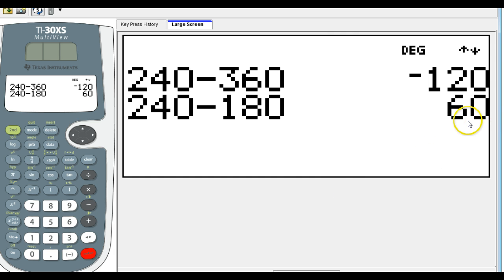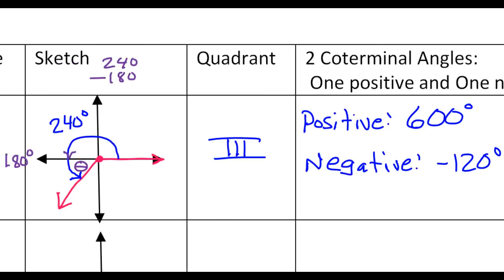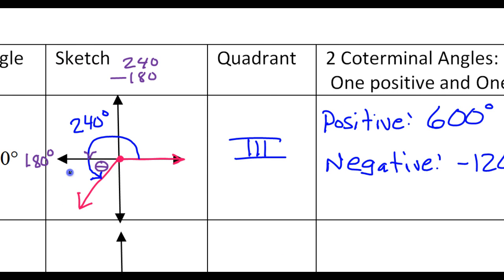Okay, I went 60 degrees past it. So that tells me that the reference angle is 60 degrees. Okay, so you can see that reference angle right here. Alright, 180 degrees plus 60, that's 240.